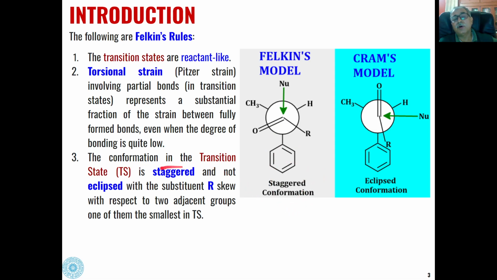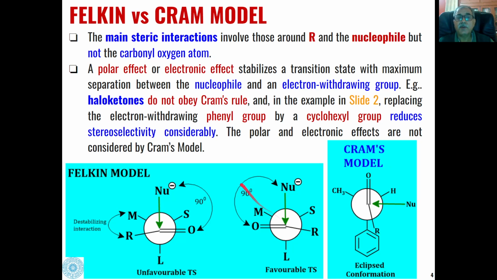So the diastereoselectivity of the products can be explained better when we consider that the conformation in the transition state is staggered and not the eclipsed conformation taken in Cram's rule.